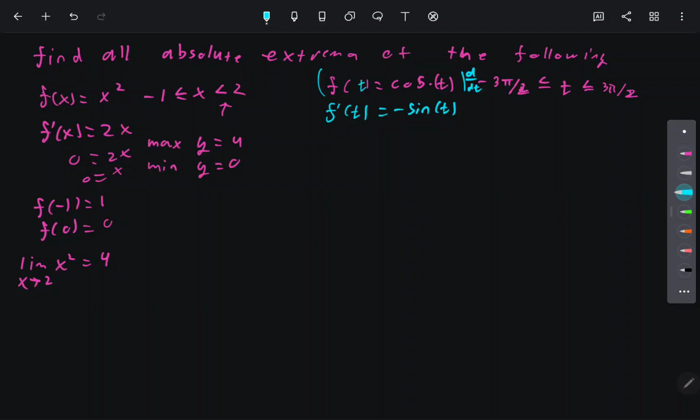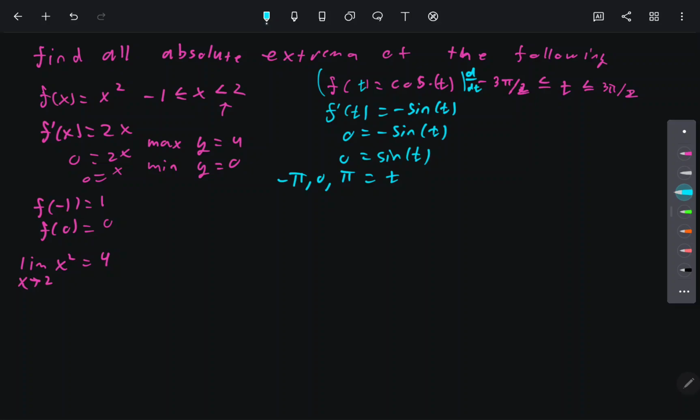So then we get 0 is equal to negative sine of t. So we get sine of t is equal to 0. So t must be equal to, well, if we're looking at all values in this interval, sine is equal to 0 at negative pi, 0, and then pi. I believe that will be all values in the interval that was given.